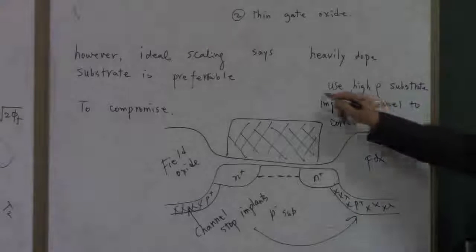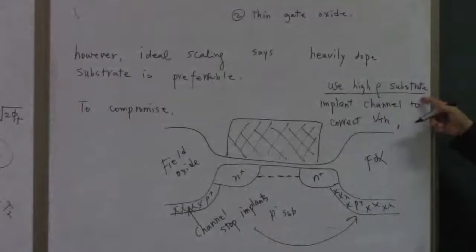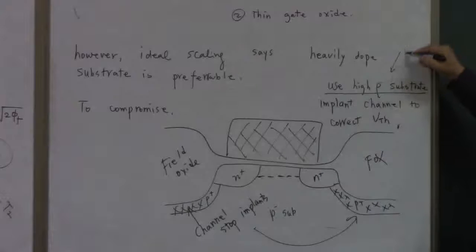So use a high resistance substrate to minimize the delta VTH that we have discussed right now.